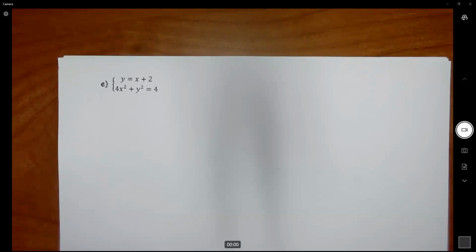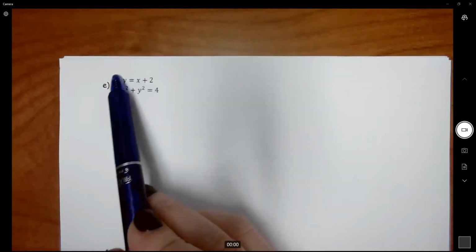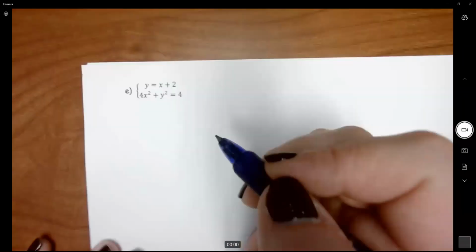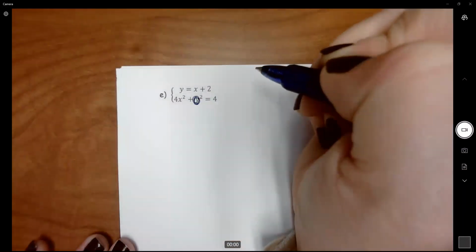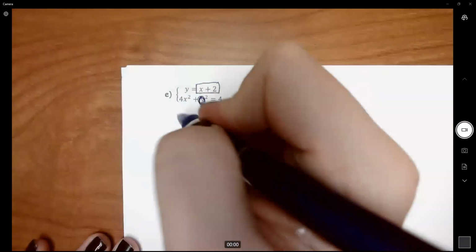And in fact, you can't use elimination here because if you subtract this x over, you have an x and an x squared, and you have a y and a y squared. So elimination isn't even an option. So in place of this y here, let's replace it with x plus 2.